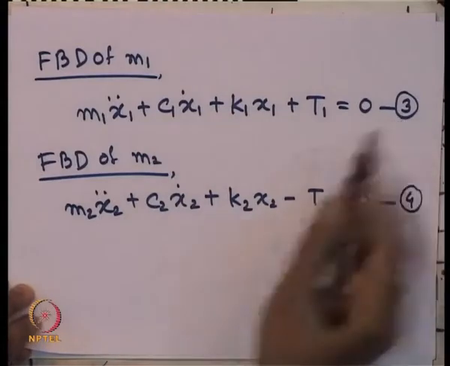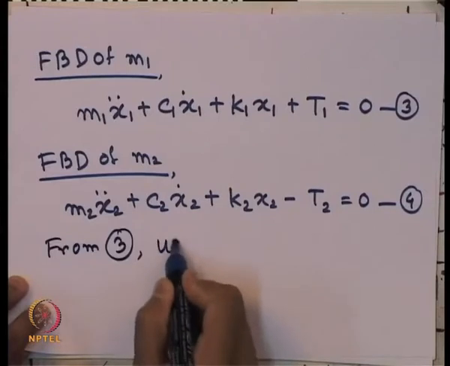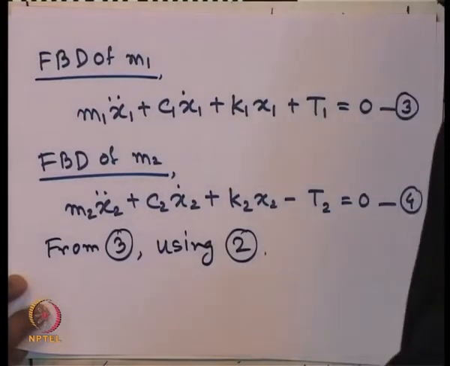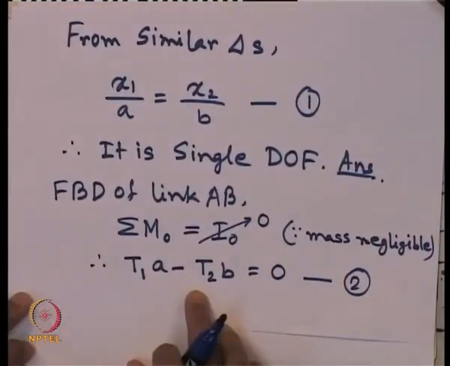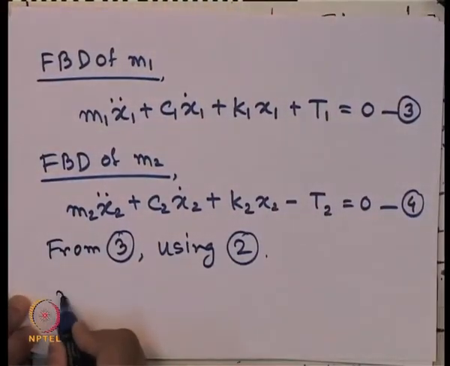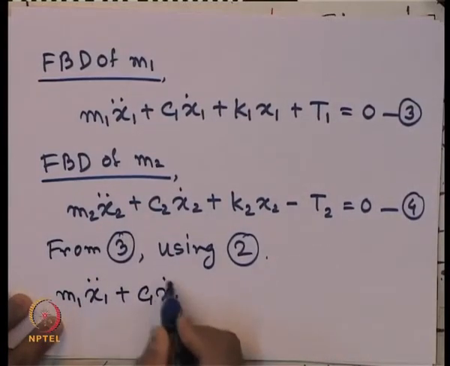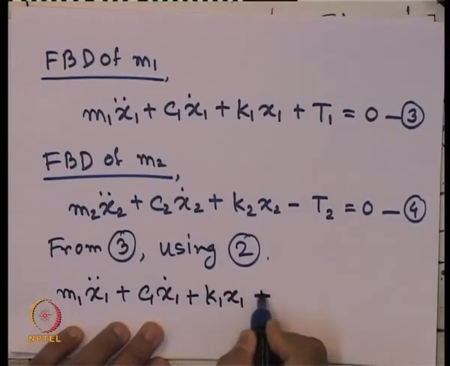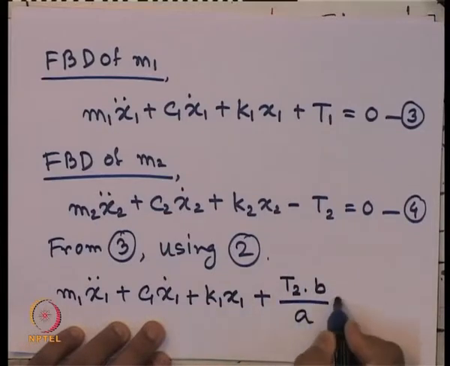Now, from equation 3, using our equation 2, that means the relationship between T1 A and T2 B, what can we write? M1 x1 double dot plus C1 x1 dot plus K1 x1 plus T2 times B by A equals 0.